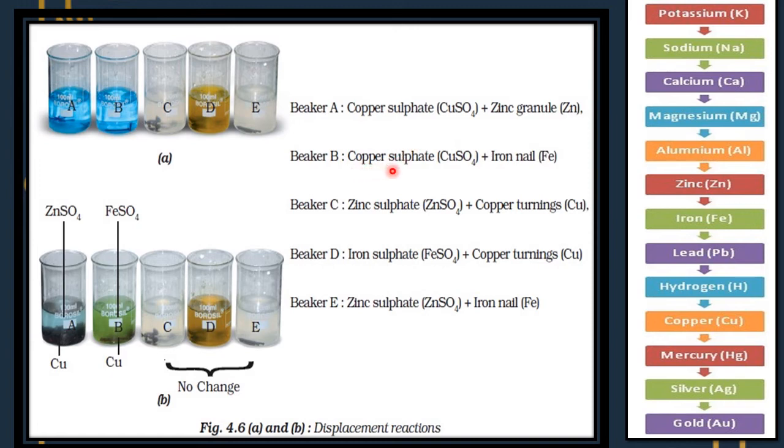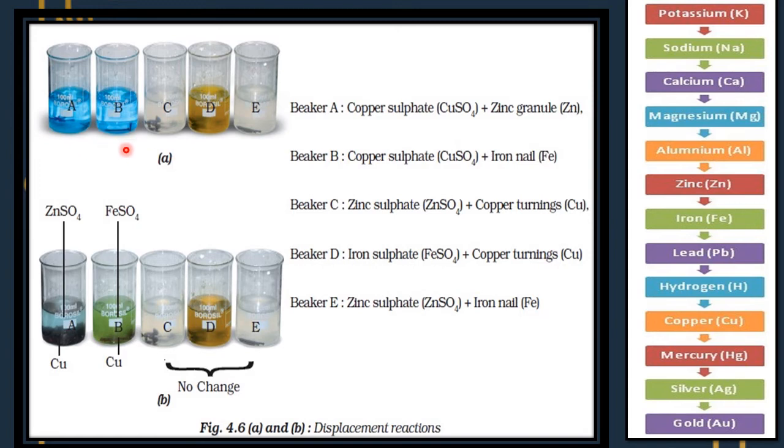In beaker B, copper sulfate and an iron nail are added. In beaker C, zinc sulfate and copper turning is added. Copper turning means pieces of copper. In beaker D, iron sulfate and copper turning is added. In beaker E, zinc sulfate and an iron nail is added.